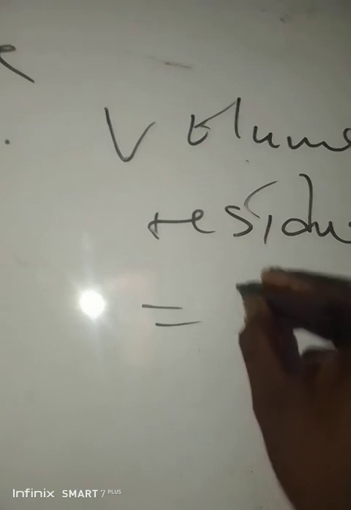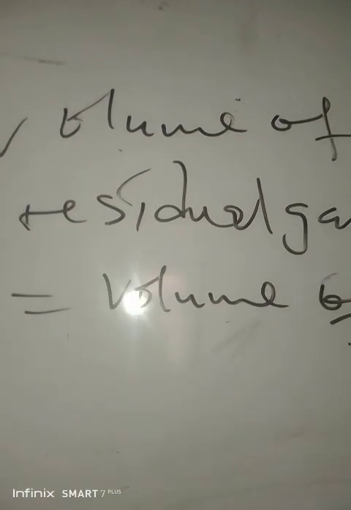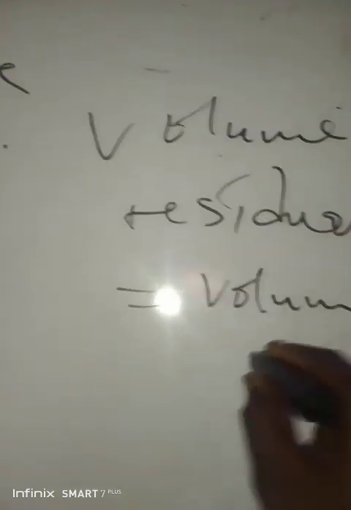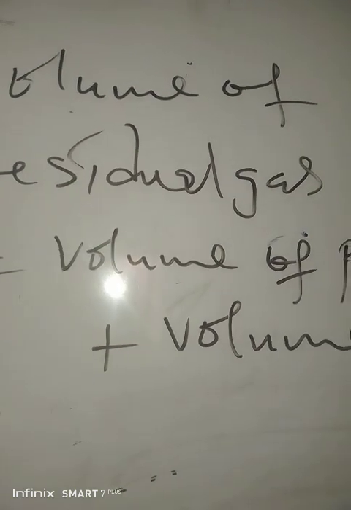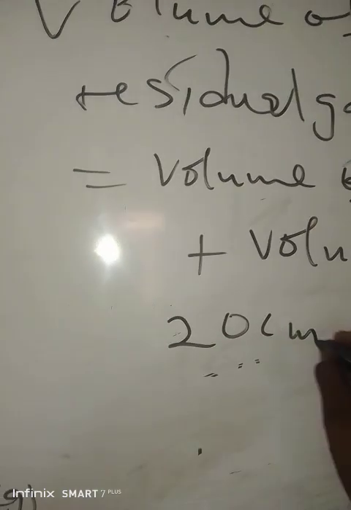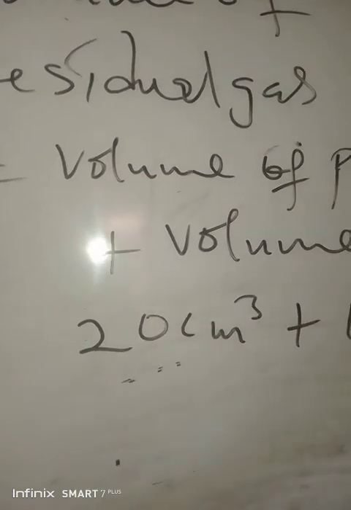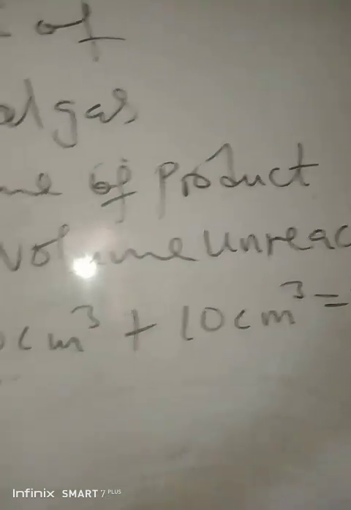Volume of residual gas is equal to volume of product plus volume of unreacted gas. So the product is 20 cm³ plus unreacted 10 cm³. The answer is 30 cm³. So that's all about that.